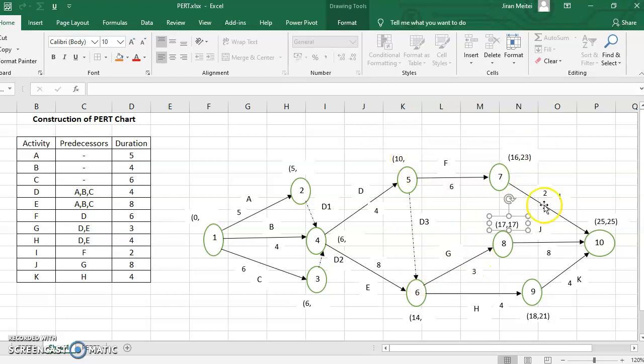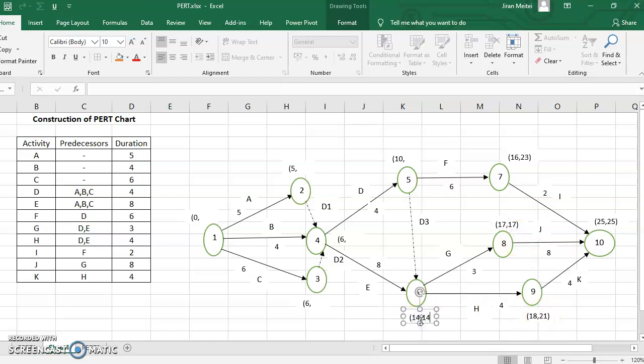Now over here, let's do it for this one first. These two arrows were going out, so when you come back in this direction, you'll be taking the minimum of these two. You come from this direction, 17 minus 3 is 14. If you come back from this direction, 21 minus 4 is how much? 17. So the minimum happens to be 14.